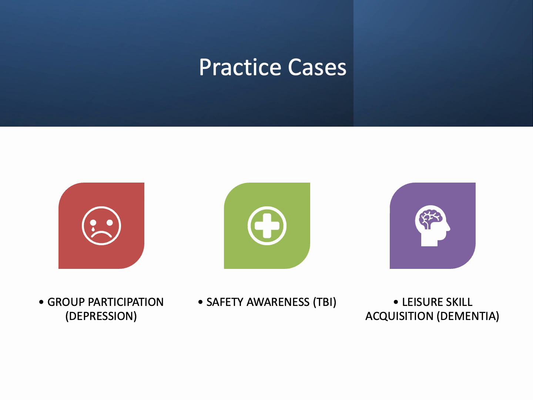The three cases vary from physical to developmental to cognitive disabilities. The first one is group participation due to depression. We're going to look at safety awareness with a patient who has a TBI, or traumatic brain injury, and then how you would do a note for leisure skill acquisition for a patient with dementia. You can pause this video and do those on your own to get an idea of what this might look like.